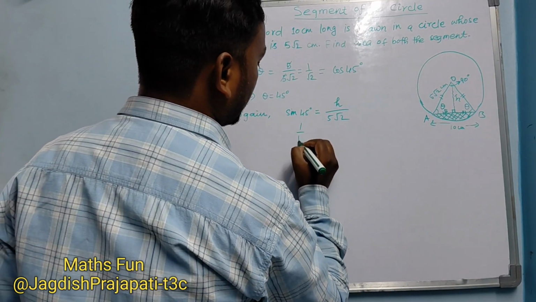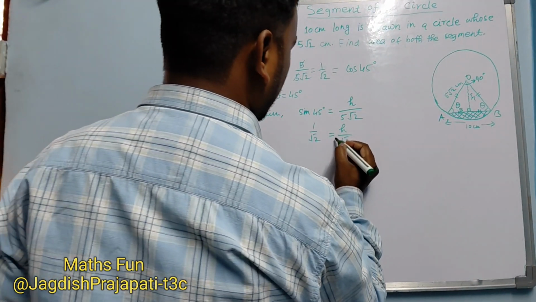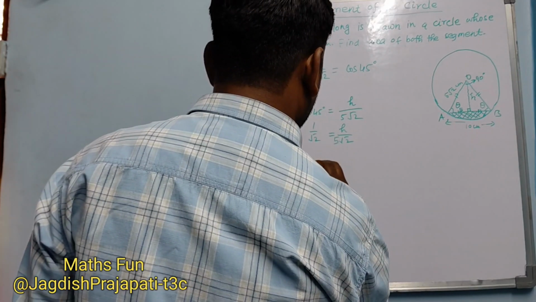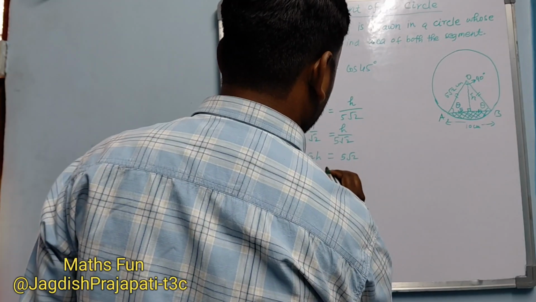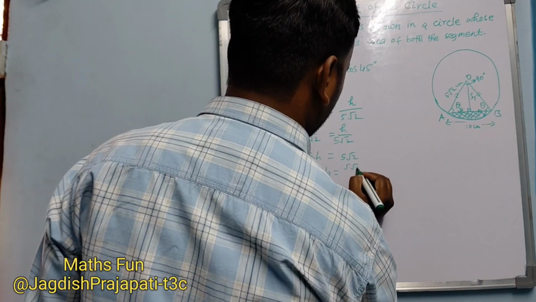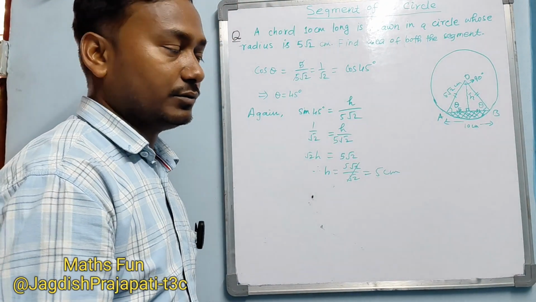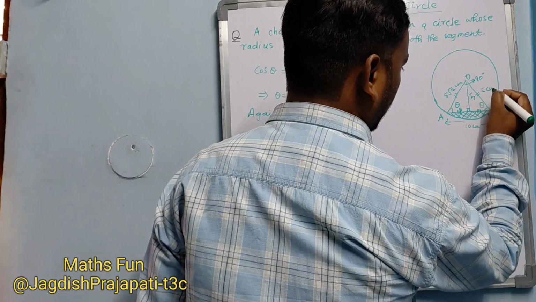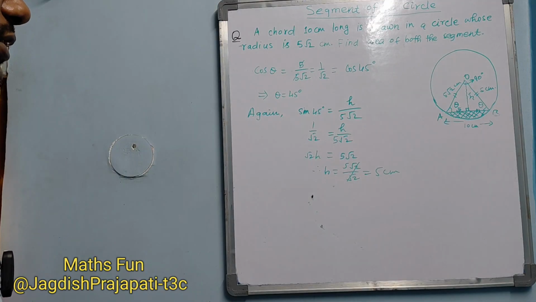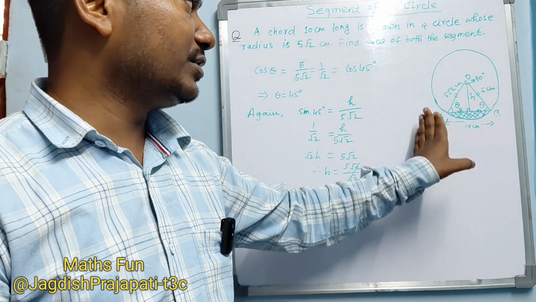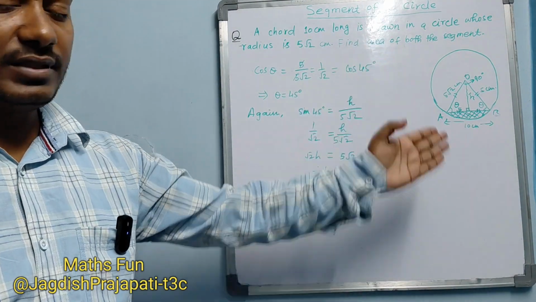Sin 45 is 1 upon under root 2. So h equals 5 under root 2 upon under root 2, so h will be 5 centimeter. So now we found h equal to 5 centimeter. Now everything is known. Now we can compute the area of the minor segment, and then we can find the area of the major segment.